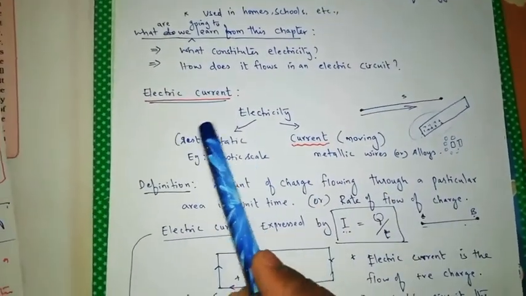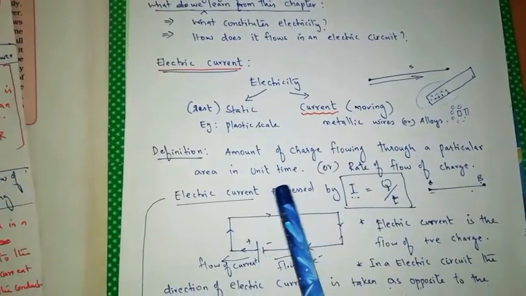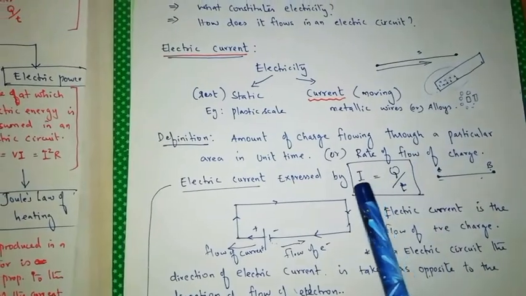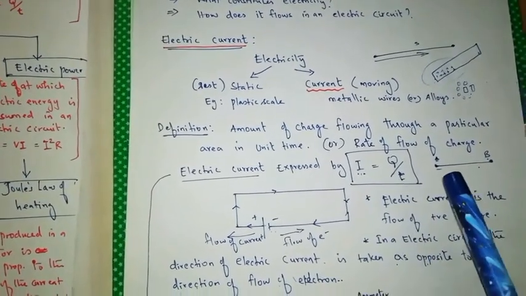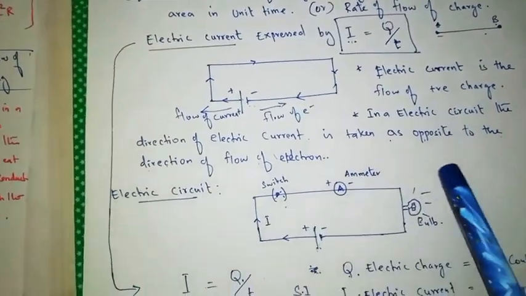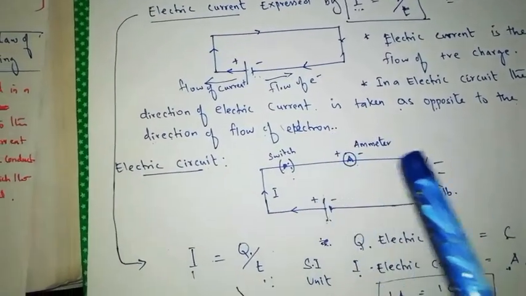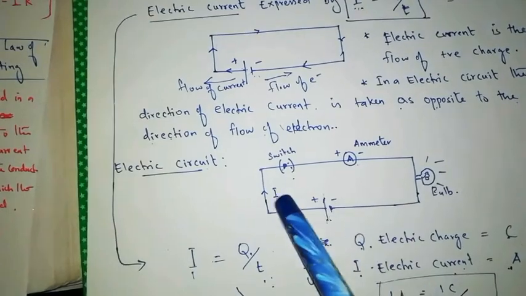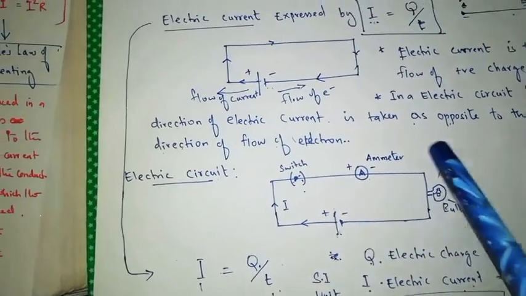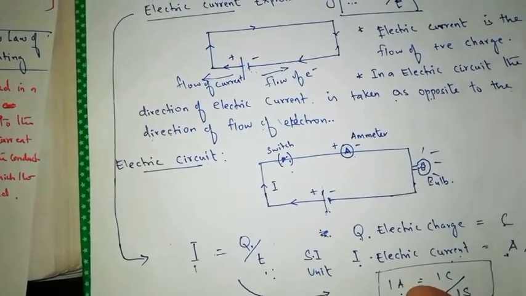Then we moved on to electric current, and we learned the definition of electric current, right? I hope you know the formula I equals Q by T. It's very important. You have to keep it in your mind. We also learned what an electric circuit is, how the current flows in the electric circuit, and how the electrons move in the electric circuit.